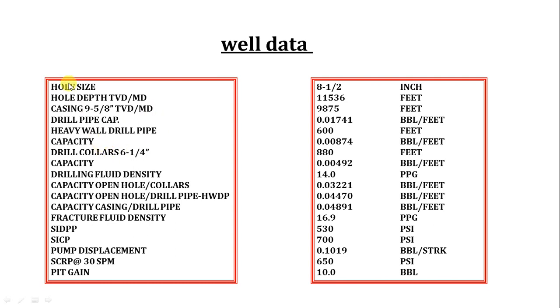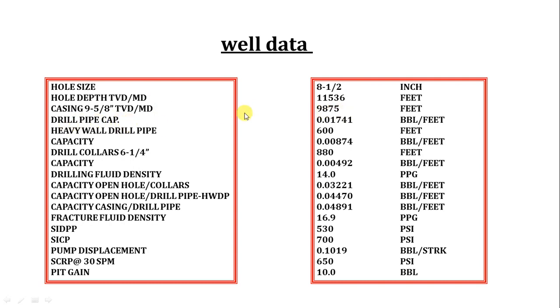the kill sheet. The hole size is 8.5. The hole depth, true vertical depth and measured depth, is the same: 11,536. Casing 9 5/8, true vertical depth and measured depth are the same also: 9875 feet.